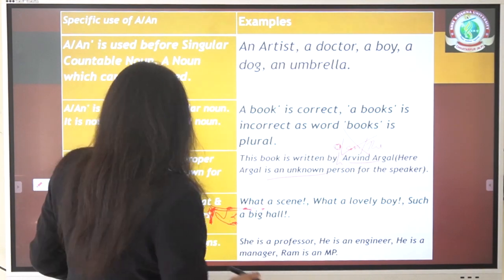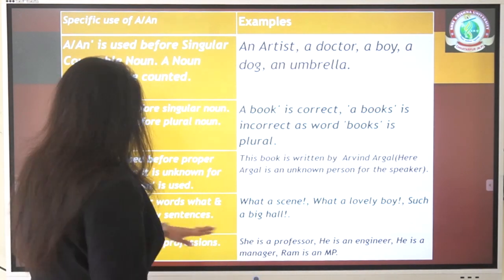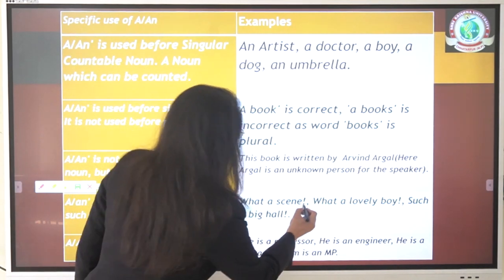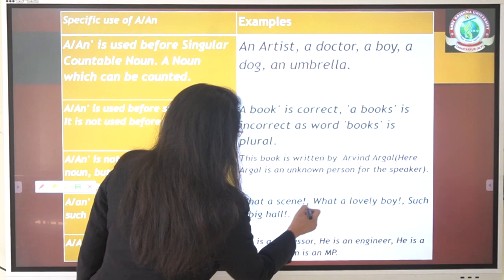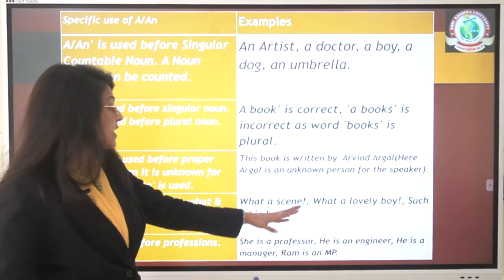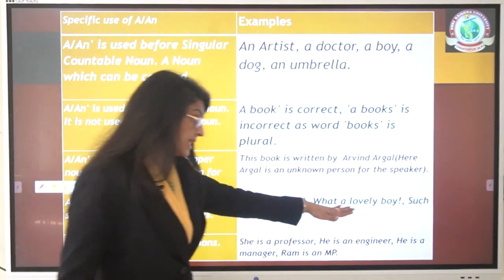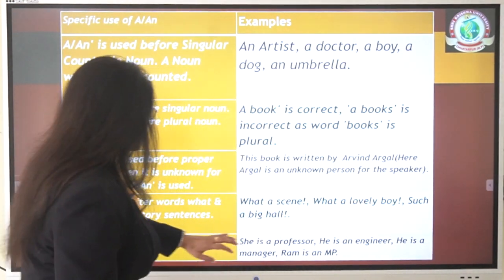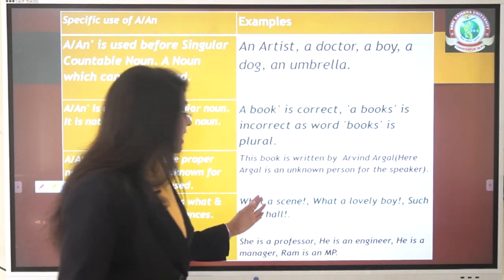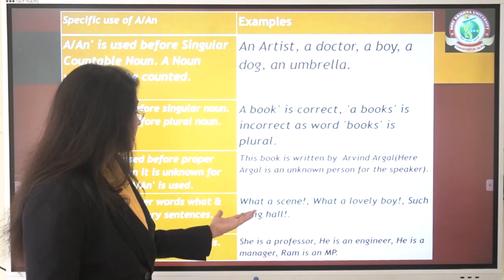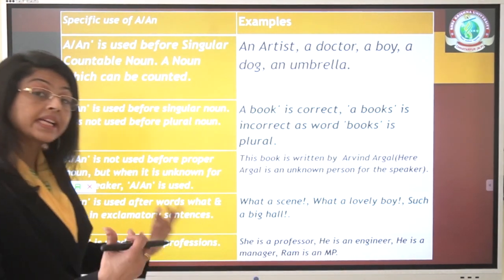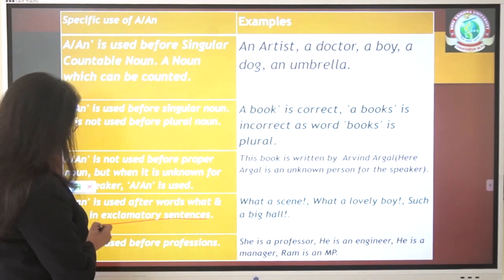Here, what a scene is not a question, it is an expression, right? What a lovely boy, it is again not a question, it is an exclamation. So we are using article A or AN when we are exclaiming something, which are exclamatory sentences. Clear?